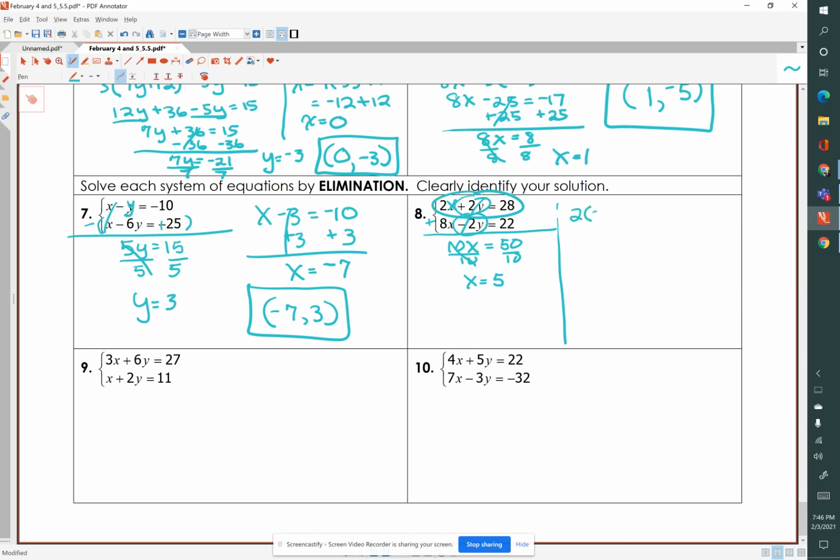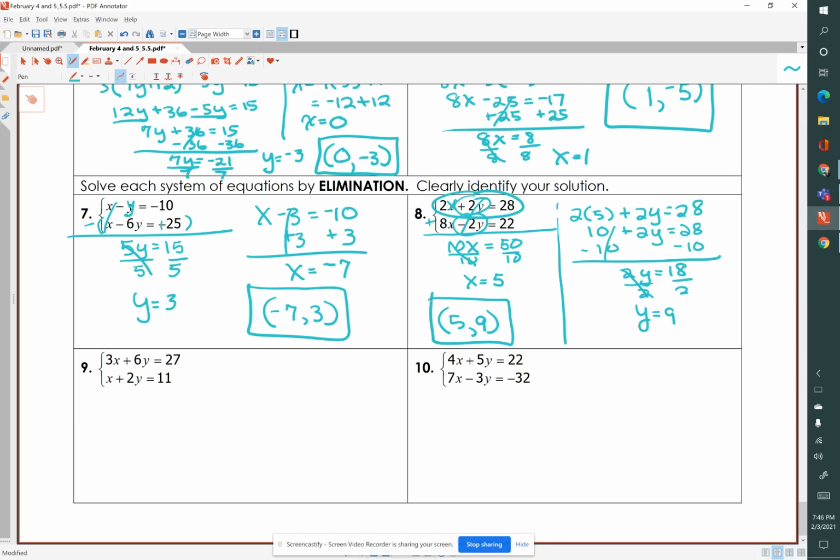So 2 times 5 plus 2y equals 28. So I'm solving for y here. 10 plus 2y equals 28. Subtract 10 from each side. 2y equals 18. Divide both sides by 2. And y equals 9. And my solution is 5, 9.